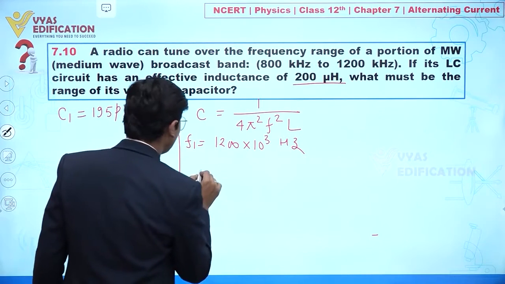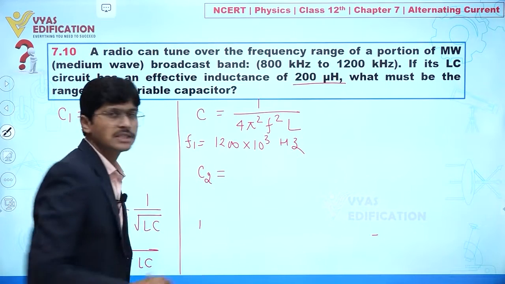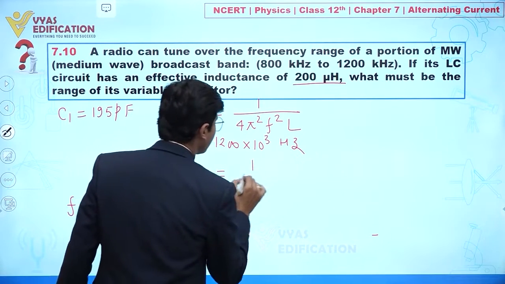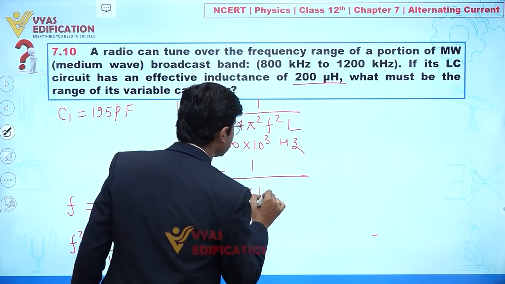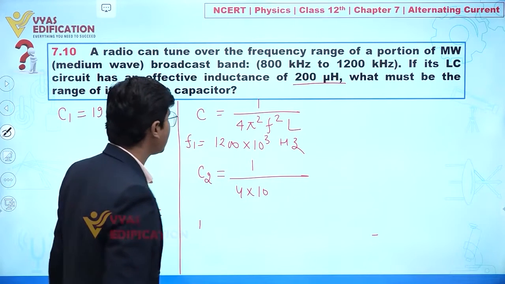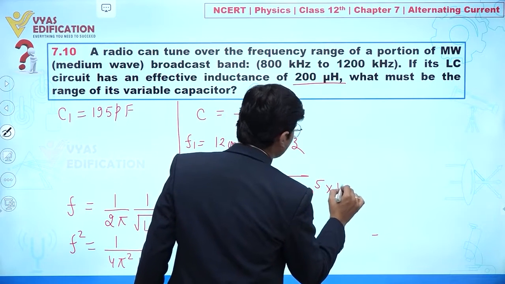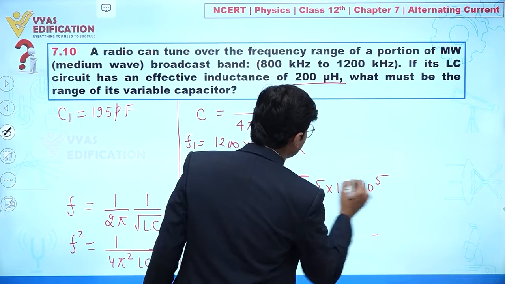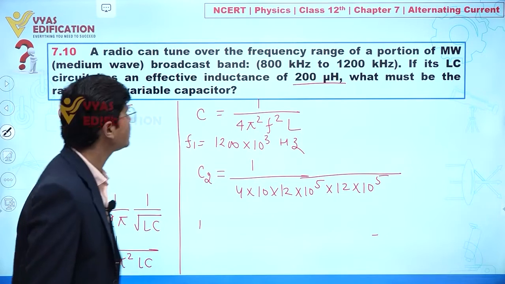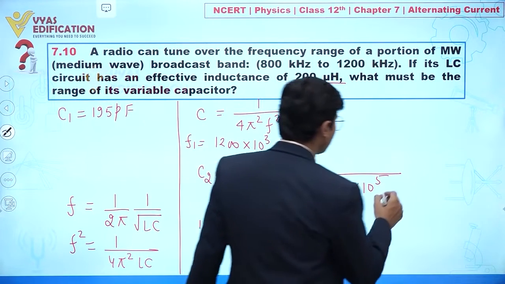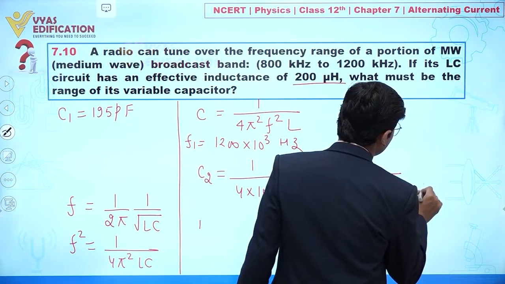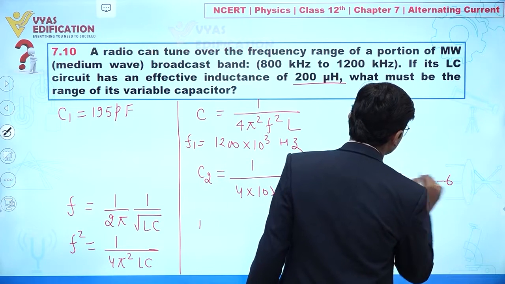Now we can find the value of C2. The value of C2 is given by 1 upon 4 pi square, near about 10, f. This is 12 into 10 to the power 5 into 12 into 10 to the power 5, and what about L? L is given in this question as 200 microhenry, so 200 into 10 to the power minus 6.